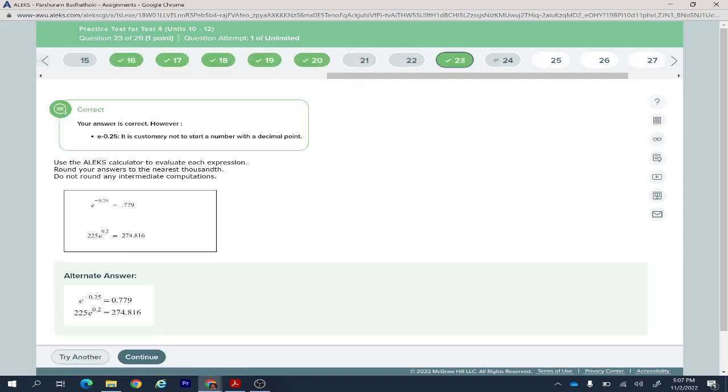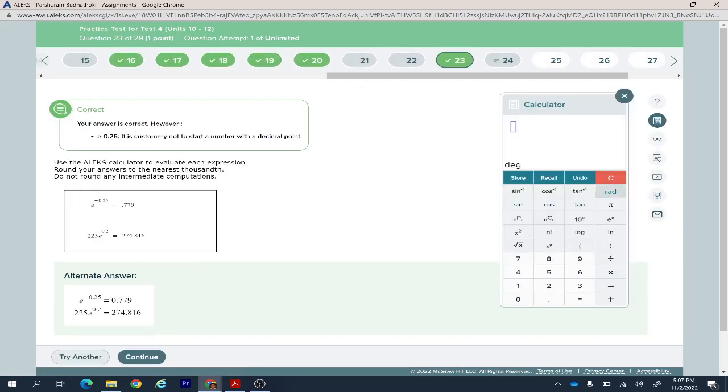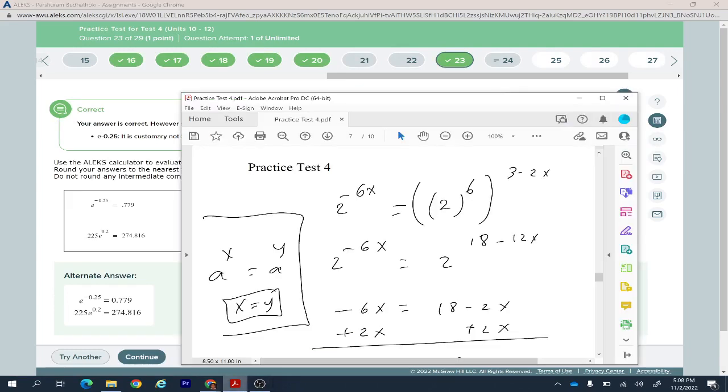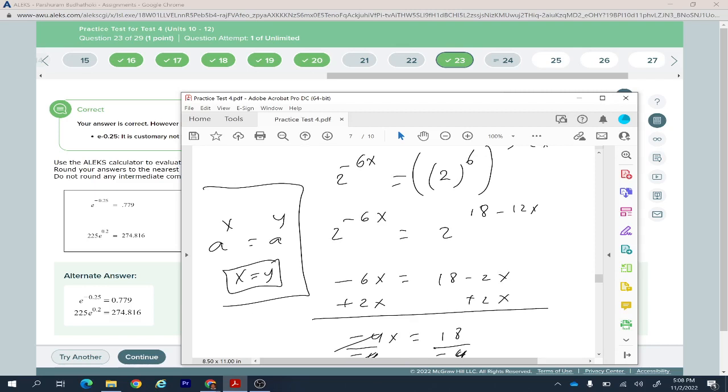Okay, here is the calculator. 2 to the power 6, is this 64? Yeah, that's 64, that's right. So 2 to the power 6, 6 times 3 is 18, 6 times 2 is 12. Oh, look at here, it's supposed to be negative 12 and I have 2. It's not 2, it's 12, so I have to add 12.